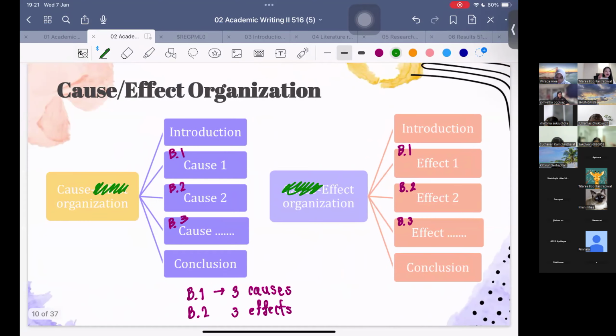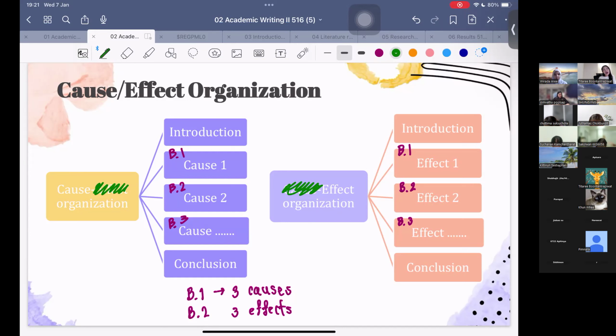Another option is that you can combine everything. Let's say you have 3 causes, you can combine all 3 causes into one single paragraph. That is possible, which might happen when you write introductions or a literature review.